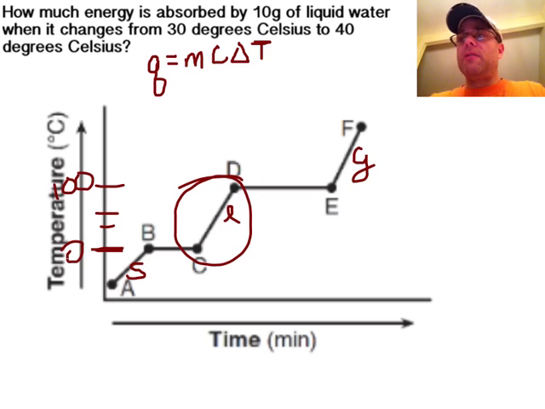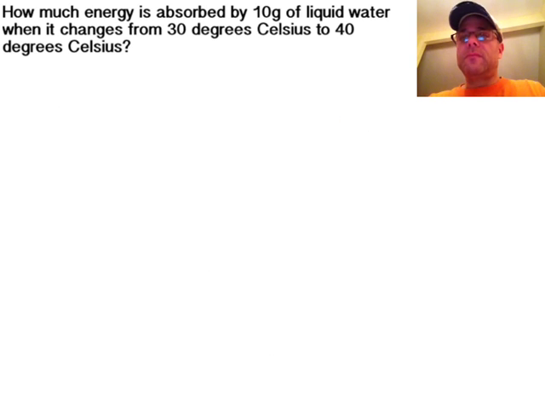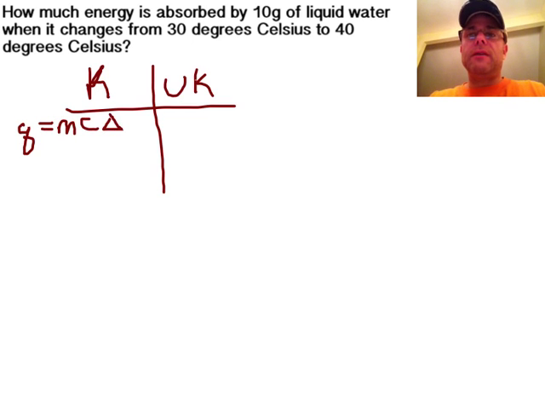All right, so let me clear the screen here, and we'll proceed. All right, so known and unknown. We know that we are going to be using Q is equal to mc delta T. We know that the mass is 10 grams. We know what C is.